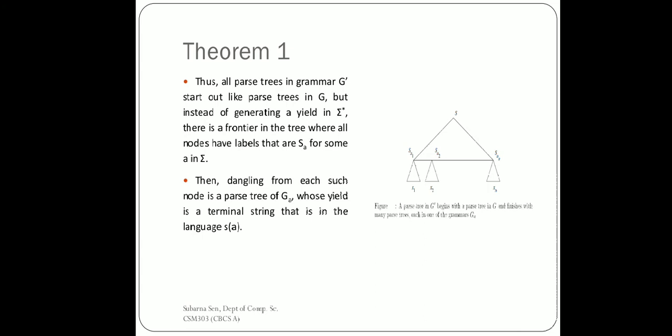Say you are given to generate a string, say 0011, so you would start with the start symbol, then use the production rules and keep on drawing the parse tree, and it will stop when it comes with the string 0011. But here our job is not that.